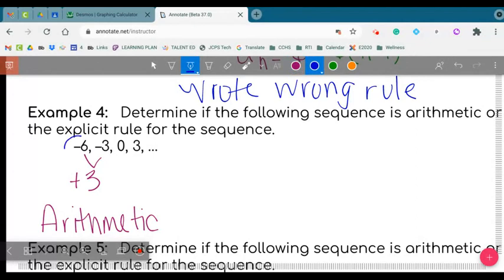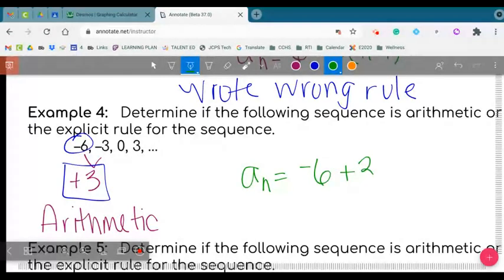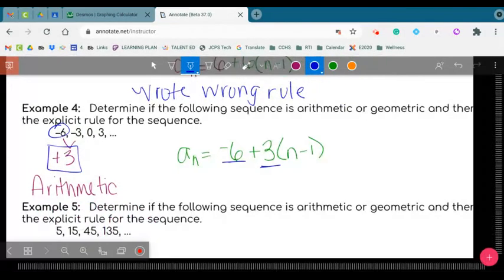So we have our first term, which is -6, and our common difference is plus 3. So we're going to have a sub n equals our first term, which is -6, plus our common difference, and then our parentheses n minus 1. So again, we only put in this -6 and this positive 3.